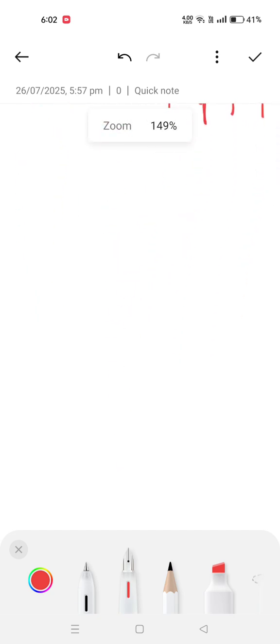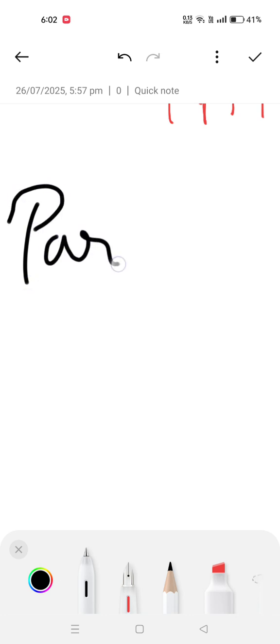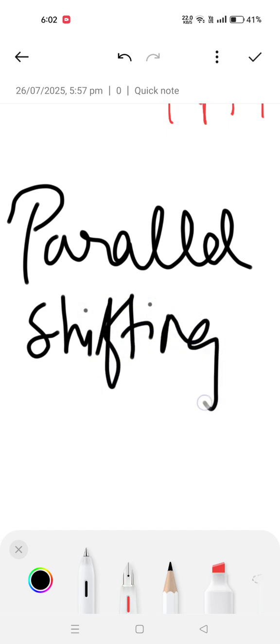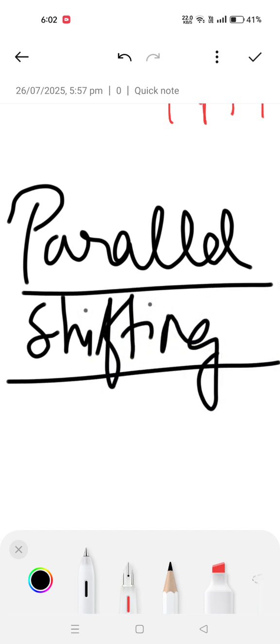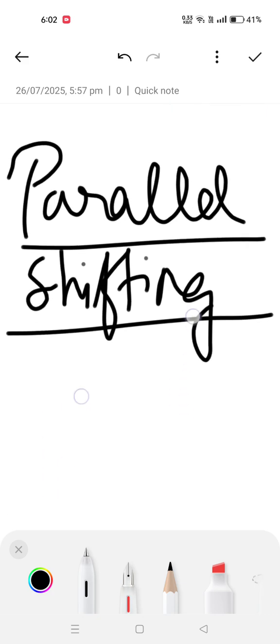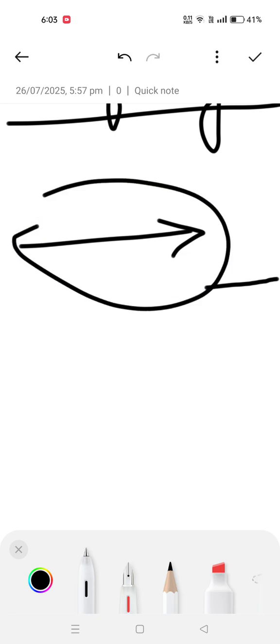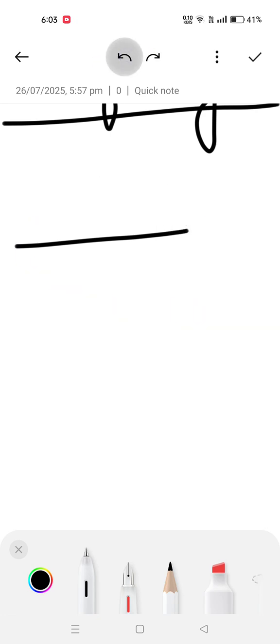Next we have parallel shifting of vectors, that is, a vector can be parallelly shifted or slid anywhere in space. If a vector is turned, then the vector changes. So this is a vector, it can be moved like this. Let me explain in a better way.